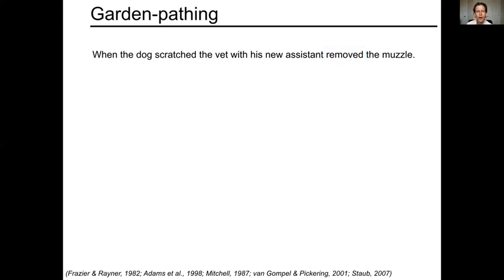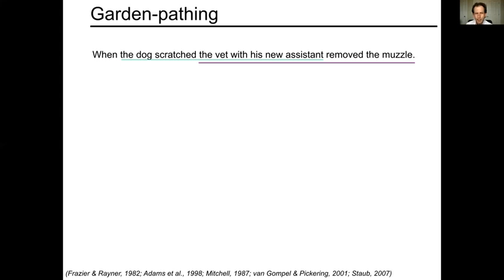So to remind you why this happens, notice that there's a very appealing incremental parse of this sentence where the dog scratched the vet with his new assistant is a clause. In particular, it's the clause that is introduced by the subordinator when. But that's actually wrong. In fact, the vet with his new assistant removed the muzzle is actually a clause, and there is a clause boundary which is not explicitly marked after the word scratched.